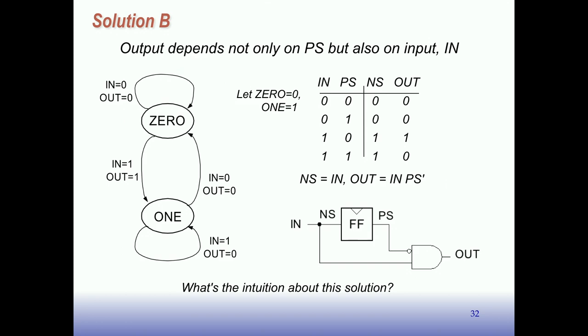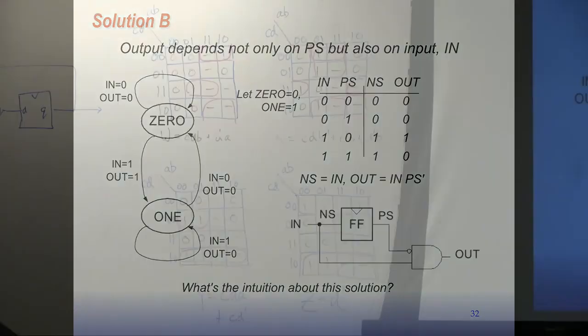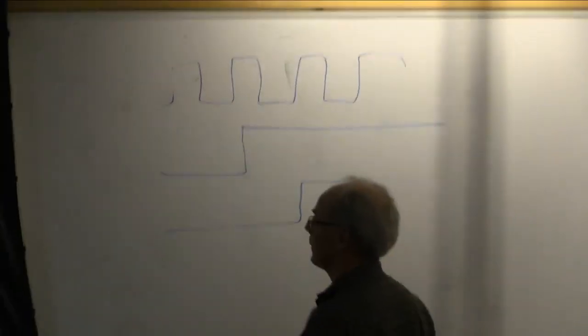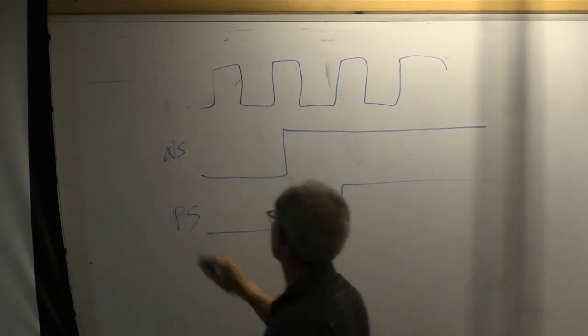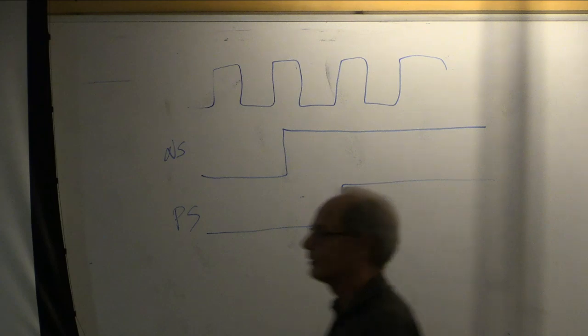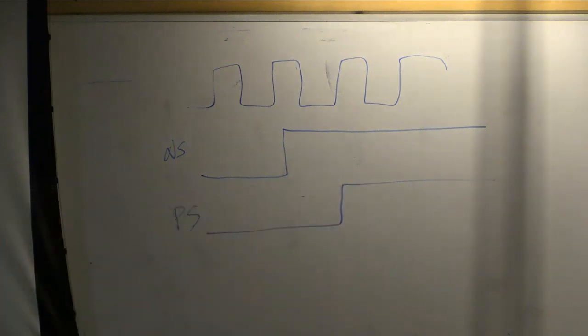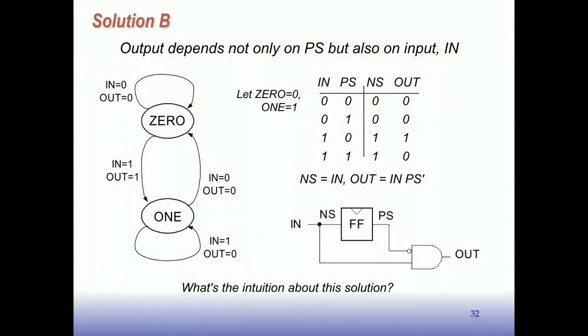Right, so if that's the input, and our clock is something like this, the output's going to come. So if this is next state, present state's going to look like that. It's a delayed version, delayed by 1 clock cycle. What you see here is that signal delayed by 1 clock cycle.